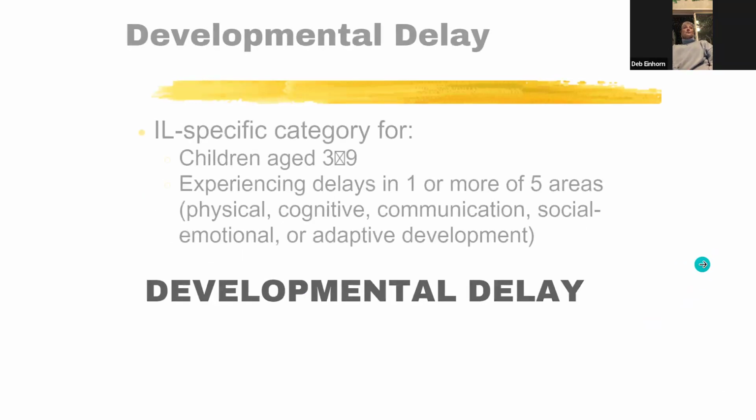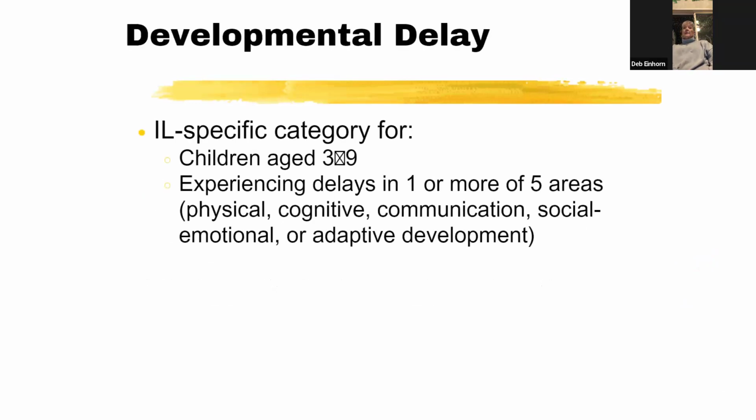Developmental delay is another category that in Illinois we use for students that are ages 3 to 9. And so children that have developmental delays are identified as having delays in one or more of these 5 areas: physical development, cognitive development, which is thinking, communication development, social emotional skills, and adaptive development.